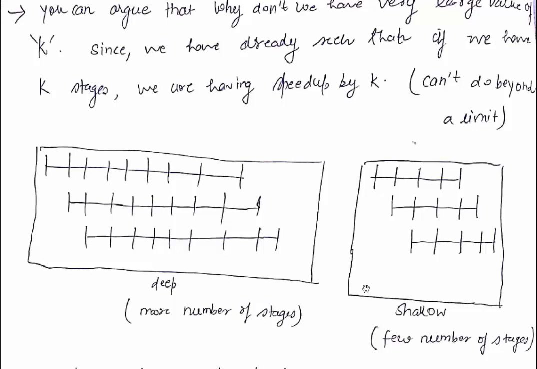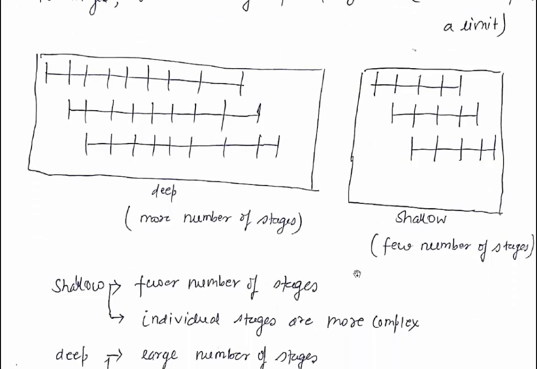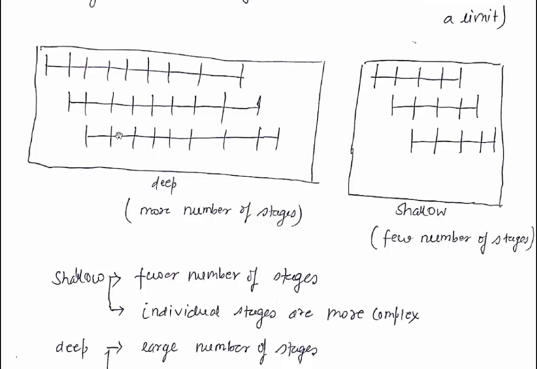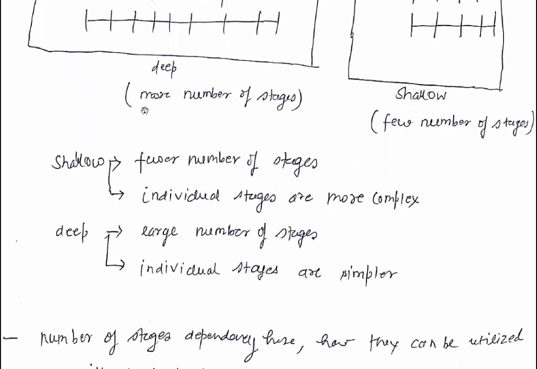Shallow pipelines have fewer stages, and the individual stages are more complex, so stages may have very complex execution. A deep pipeline has more stages, hence you can expect simpler individual stages.